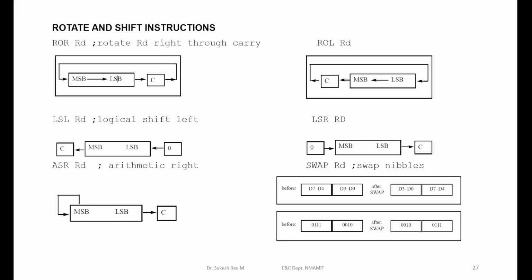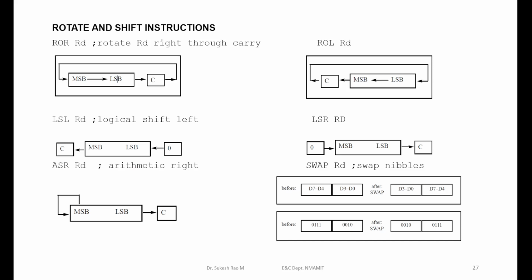Then you have shift. Shift is different from rotate. Shift generally discards the bit which comes out of the other end. For example, if I shift left, the left side bit, the MSB, is discarded, and a new bit, usually 0, will be inserted. In shift right, usually 0 is inserted.